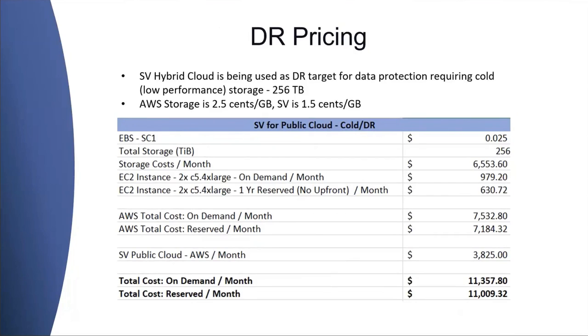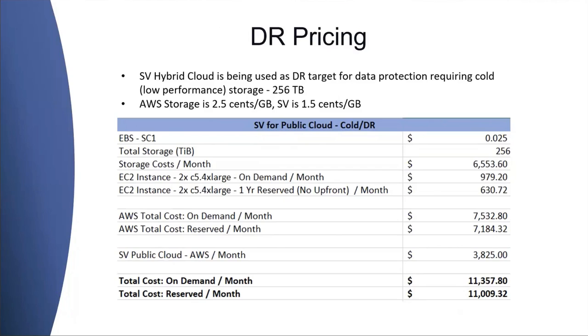So I can protect 256 terabytes of capacity in AWS with Spectrum Virtualize for only 11 grand a month. This is that one solution I mentioned to you earlier. They're able to put 2.2 petabytes of their data up in AWS, and I think that extrapolated out to about 40 grand a month, which was well worth it to them while they had that gap in time.